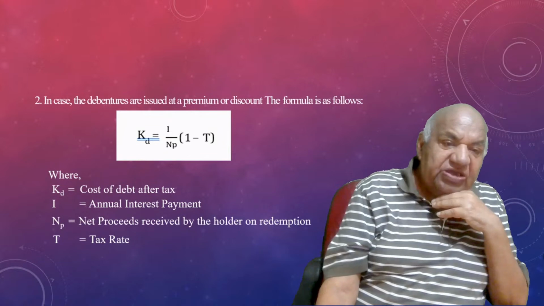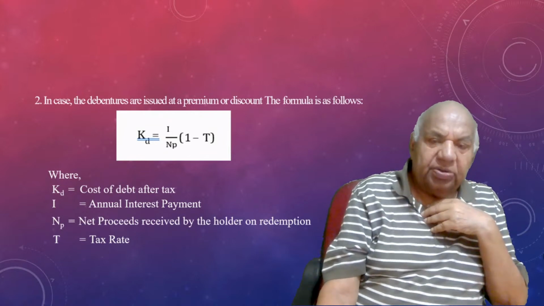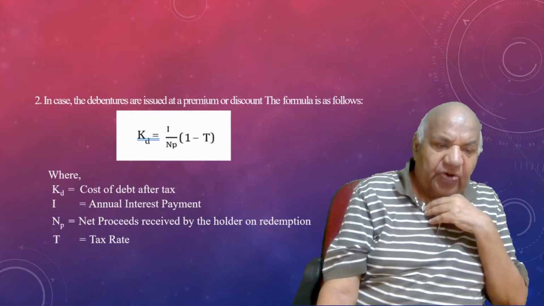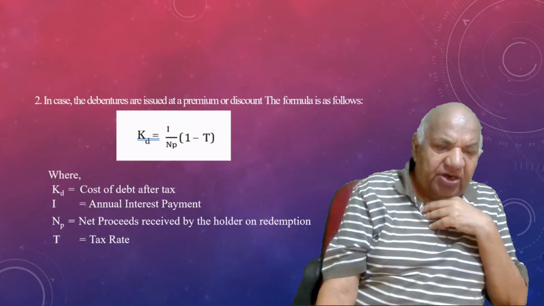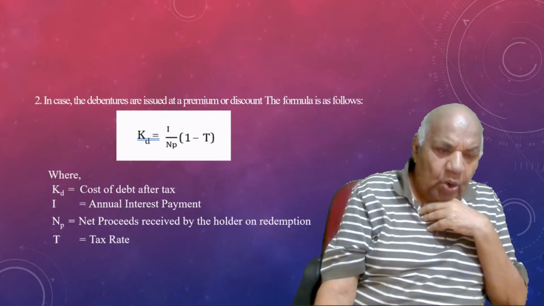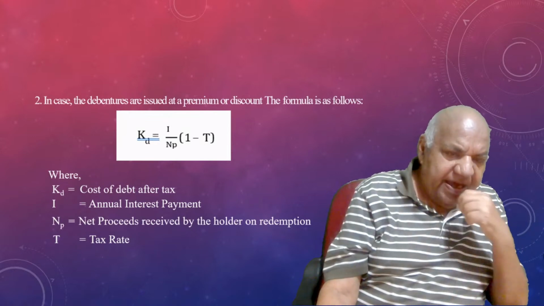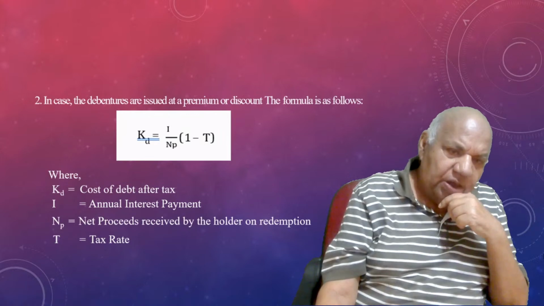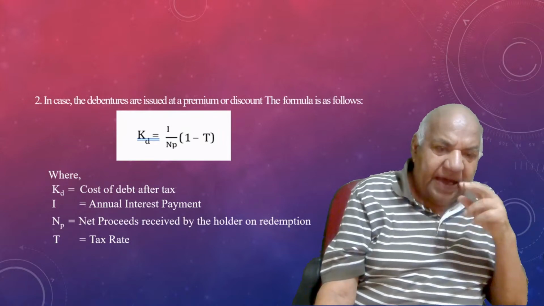In case debentures are issued at premium or discount, the formula is as follows. Cost of debt after tax, denoted by KD, equal to I upon NP, multiplied by (1 minus T).